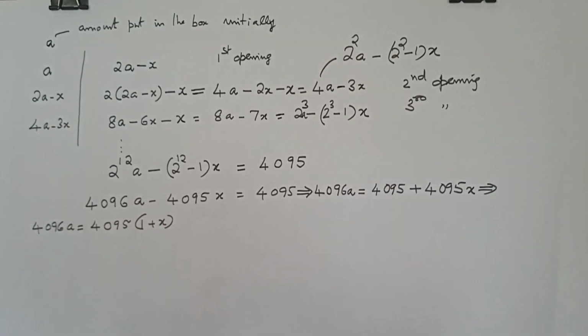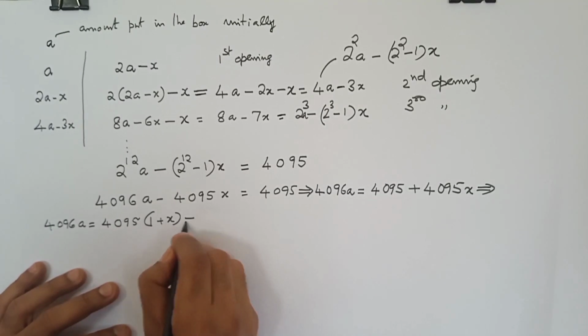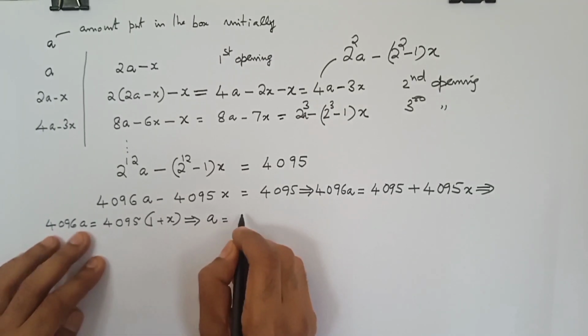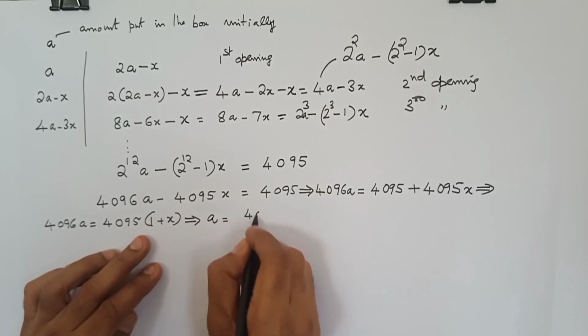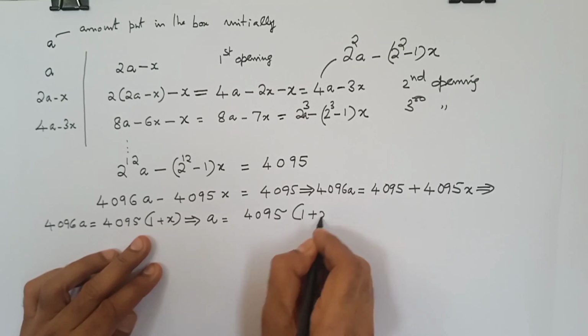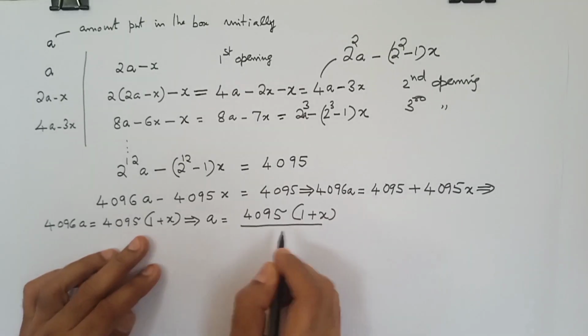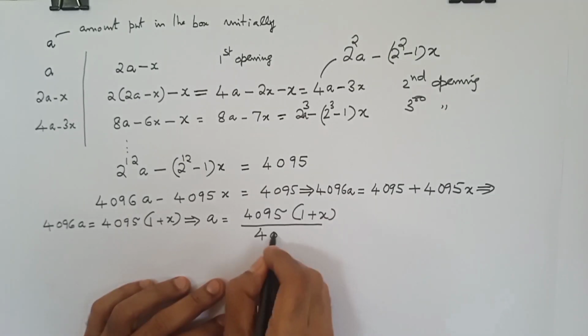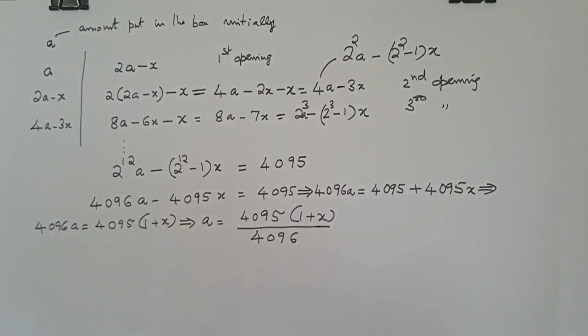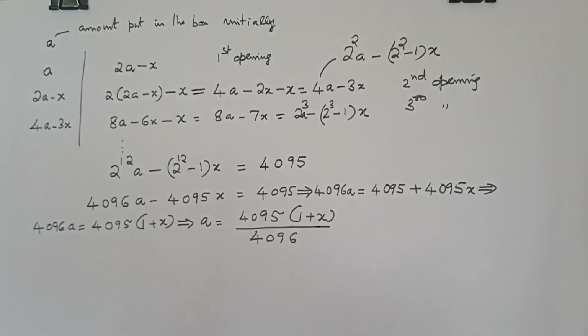Now this implies what? You are finding A finally. You keep A here. First write whatever is there on the right side, 1 plus x. Bring this to the right side, 4096. Now you got A as so much.